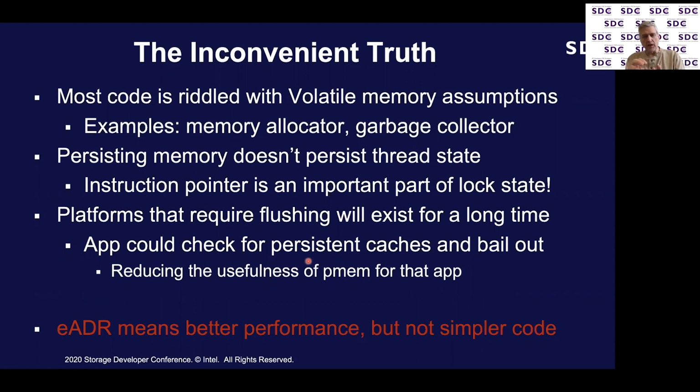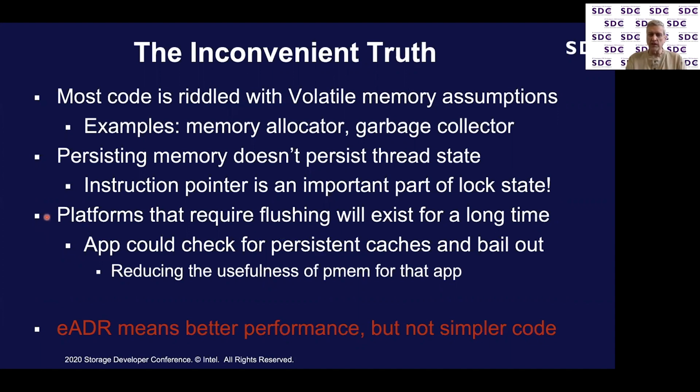If somebody grabs a lock, the fact that they're executing the code in the critical section is kind of part of the overall state. It's a pretty important part because at the end of the critical section is where you release that lock. And if the system loses power, the lock was persisted, but not the rest of the thread state.